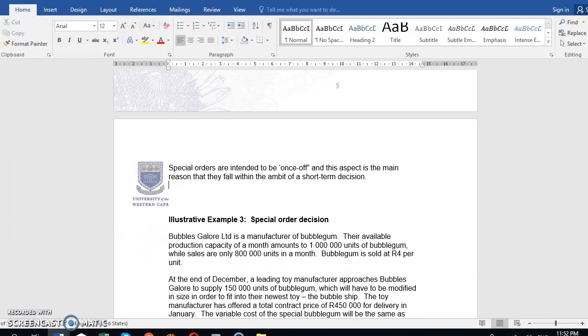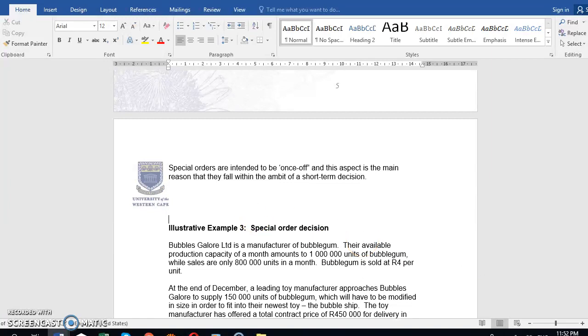Just to remind you again, the definition of a relevant cost is the cost that changes between two alternatives. And when it comes to a special order, your alternatives are the following: you either accept the special order or reject it.